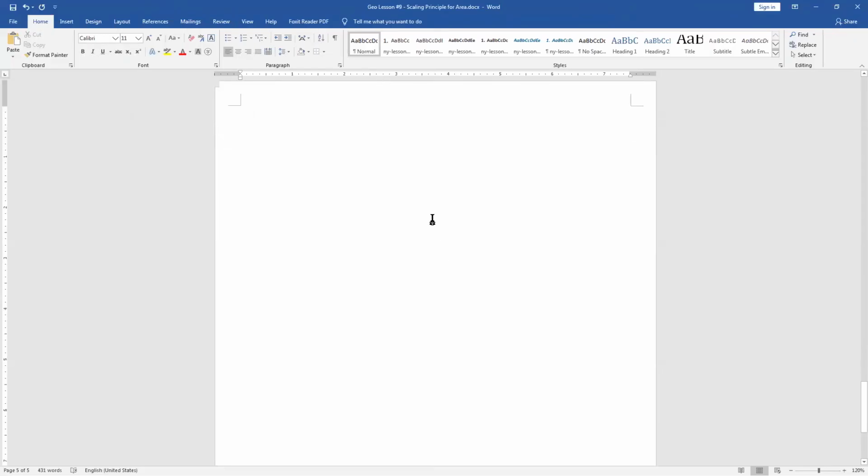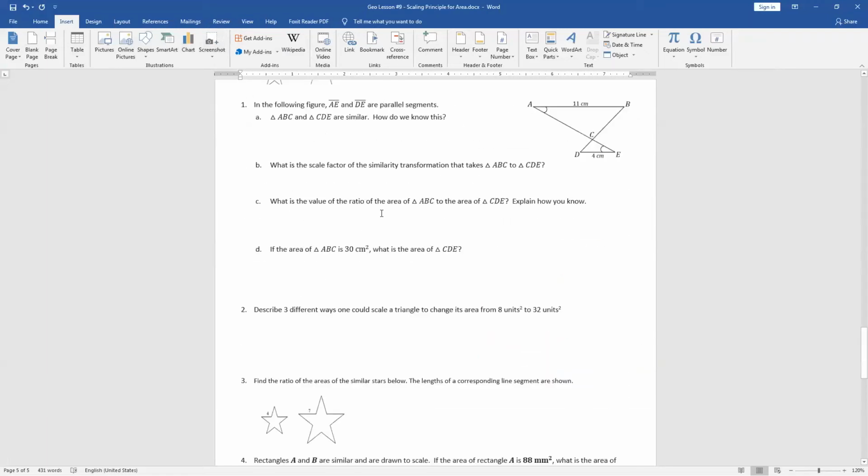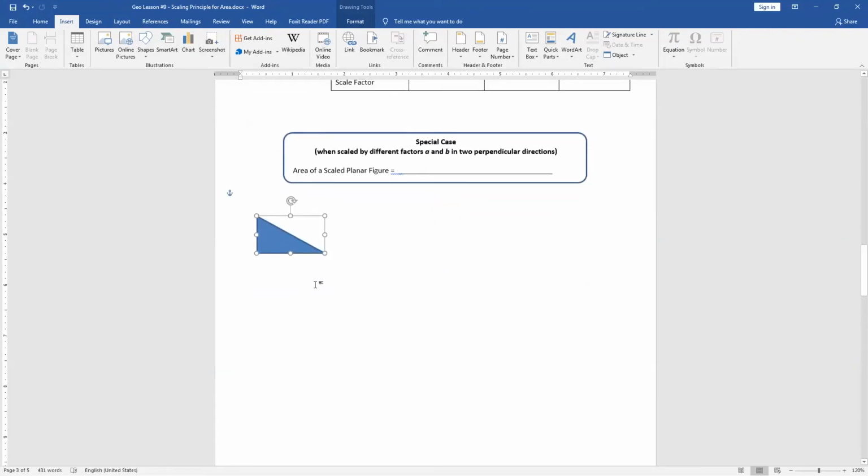All right. So let me do what we were doing before. So we had this triangle, right? The area of this triangle was 36. So what we did is we scaled vertically by a factor of 2, and then we scaled horizontally by a factor of 1/3.